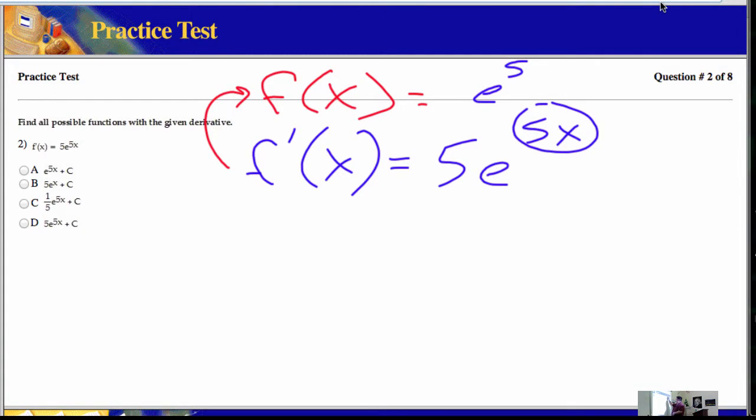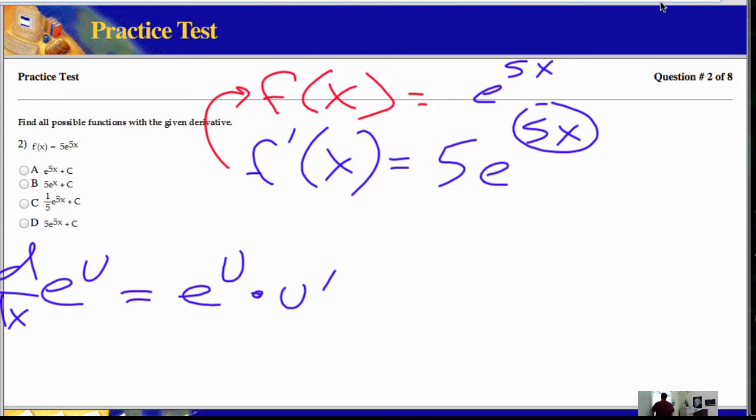Now, if you think that through and you take the derivative of that, let me write it in terms of u. Maybe that would help out. The derivative of e to the u is going to be e to the u times u prime. So this 5 is actually the derivative of this.